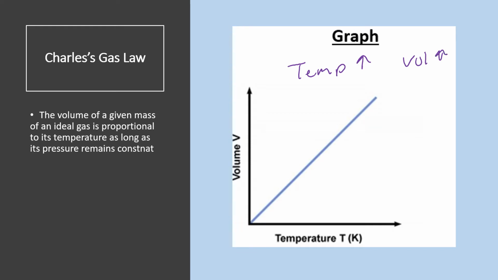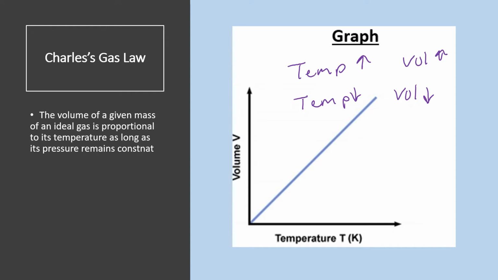As our volume increases, our temperature increases. Or as our temperature goes down, then our volume goes down. And the same is true as our volume goes down, it's going to decrease our temperature as well.